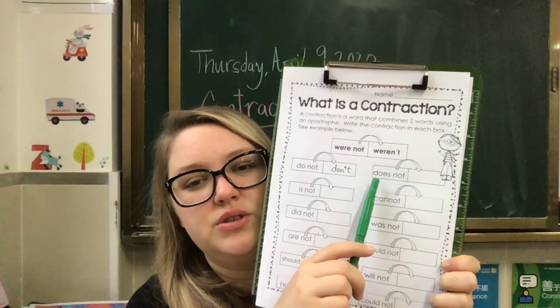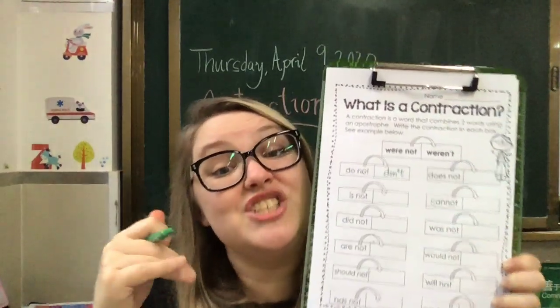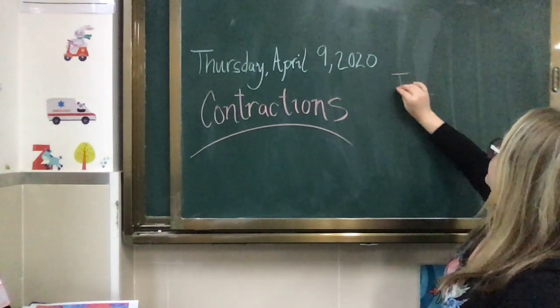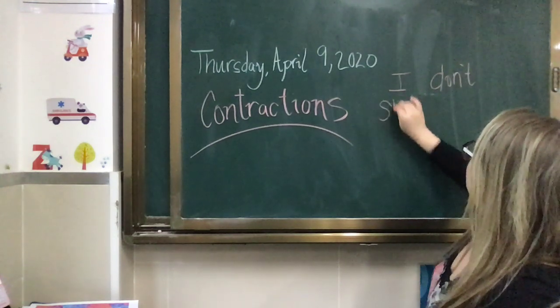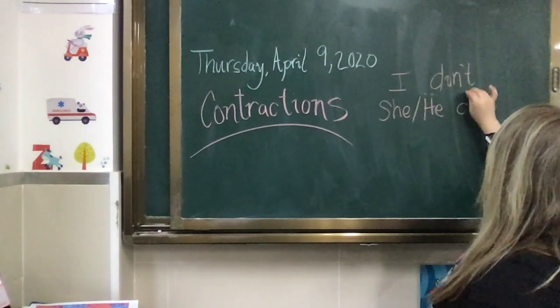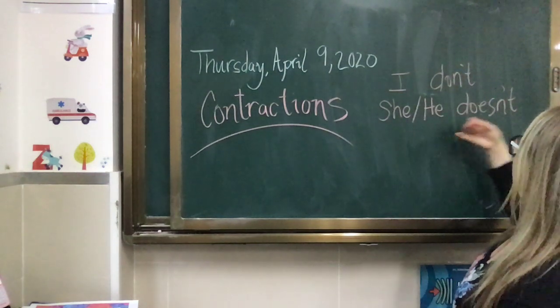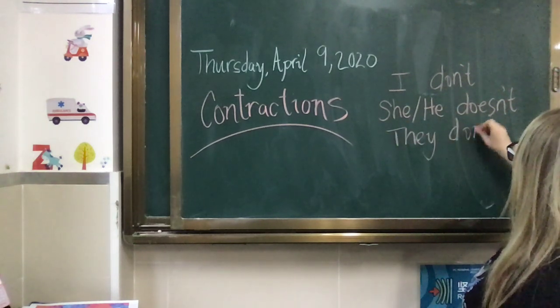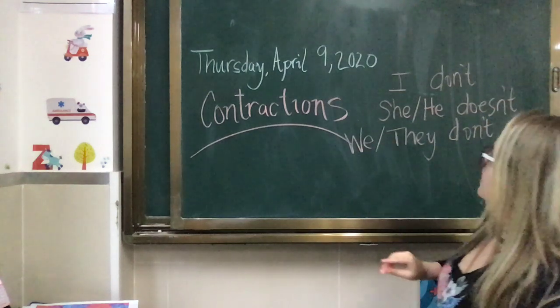So moving on to does not. I don't say she do not. I say she does not, right? Let me do this one really quick. Let's take a little moment. So remember in a sentence: I don't, she, he doesn't, okay? I do not, she, he does not. They don't, and also we don't.